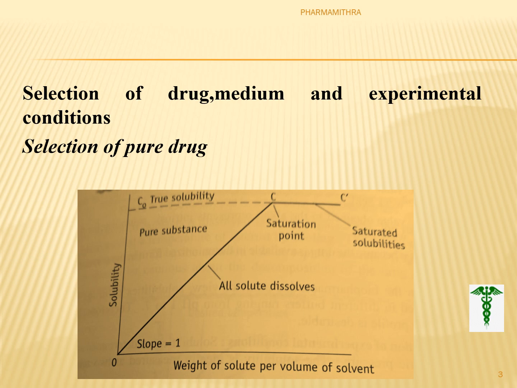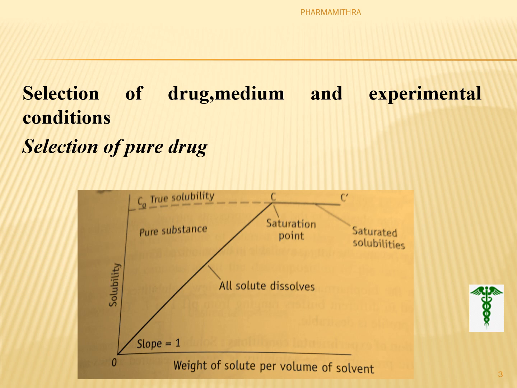Up to this point C, we can say along the line O, all the solute dissolves. At point C, the drug becomes saturated in the solution, and saturation occurs at the point C. Thereafter, after C, no more dissolution will occur.